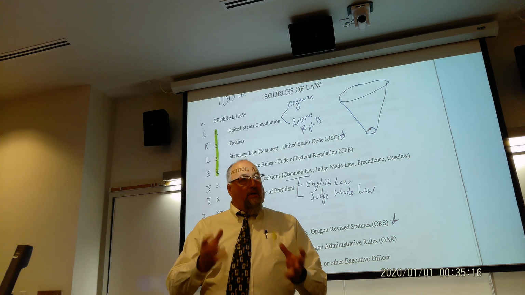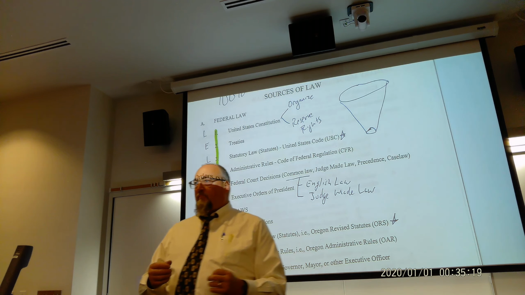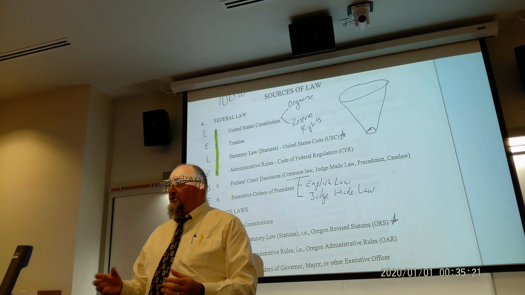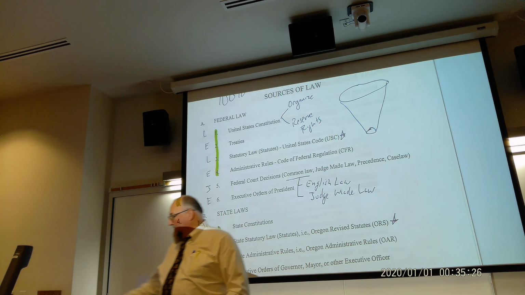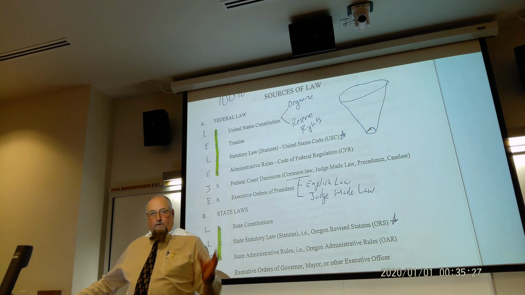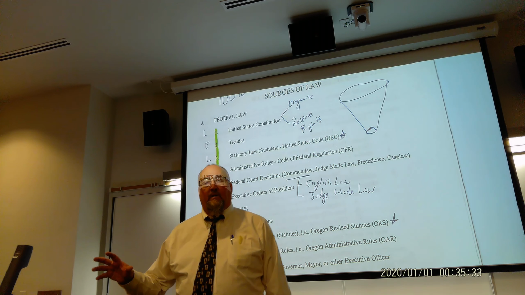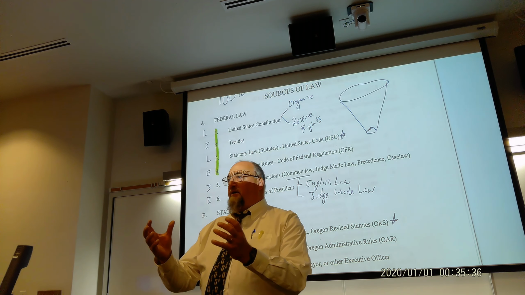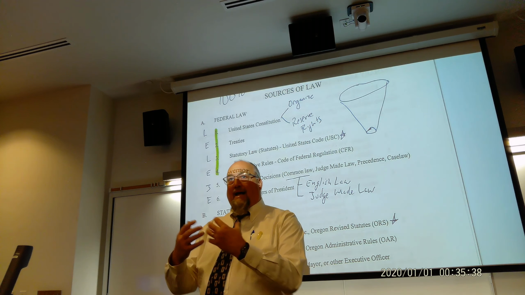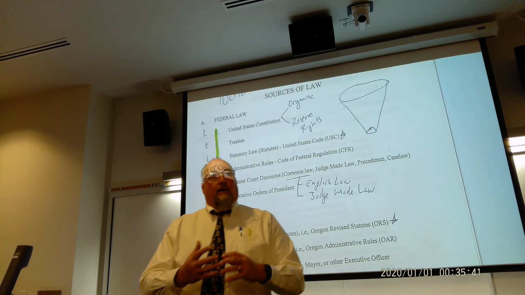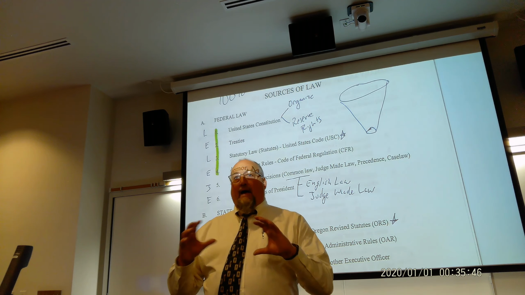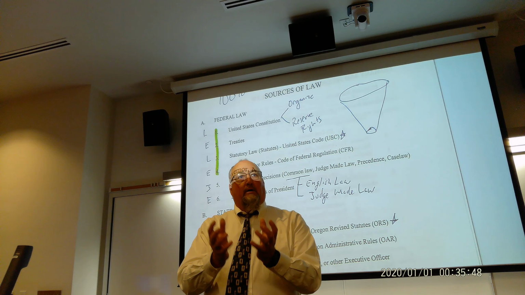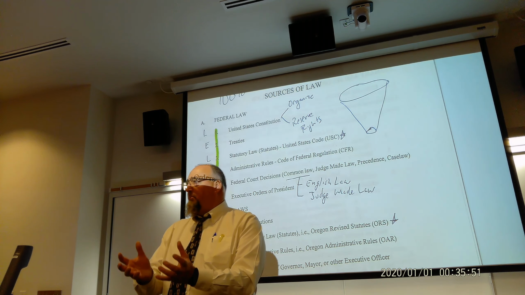The Supreme Court, when it issues a court decision, remember the role of the judicial branch is to interpret the law. So a judge in a court case is interpreting one of these sources of law, be it the Constitution or whatever. And when a judge interprets the law and applies it to a case, writes an opinion, the opinion is then published, and that becomes a body of law that we as lawyers and judges can research and apply.